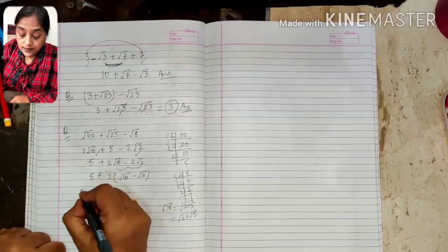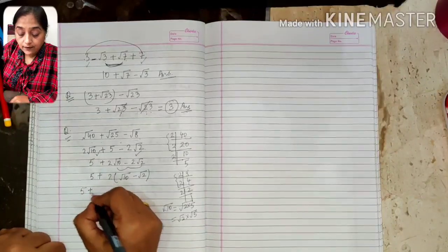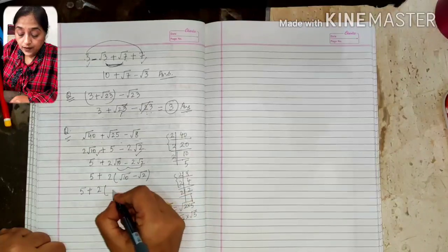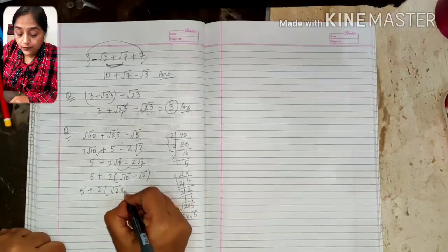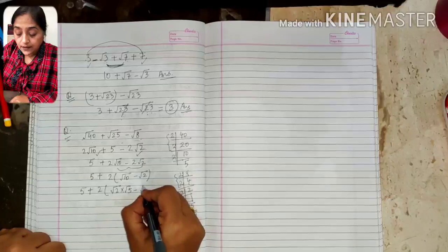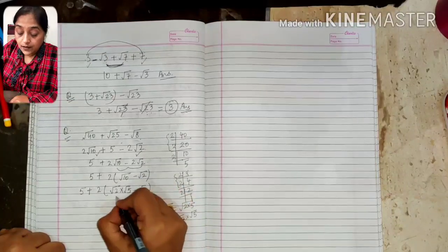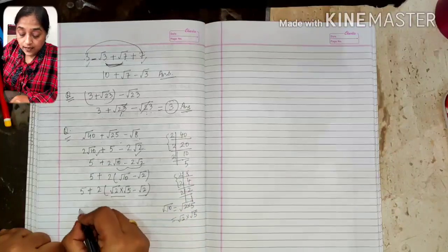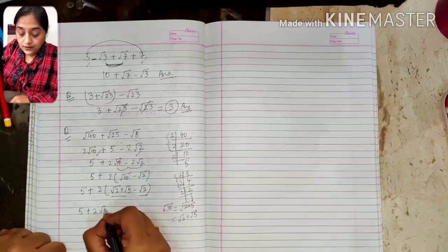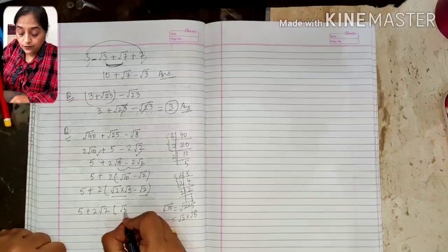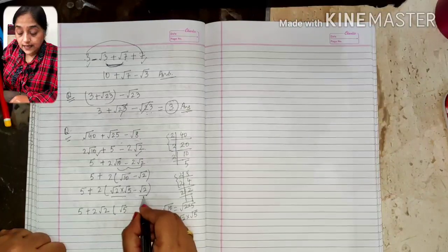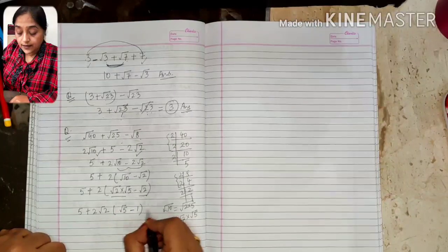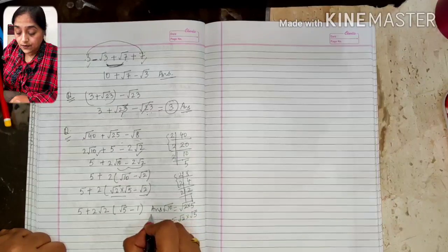So this can be written as 5 plus 2 root 2 into root 5 minus root 2. Now can I take out 2 root 2 common? Yes. So I get 5 plus 2 root 2, with root 5 left inside, and here only 1 is left. This is your answer.